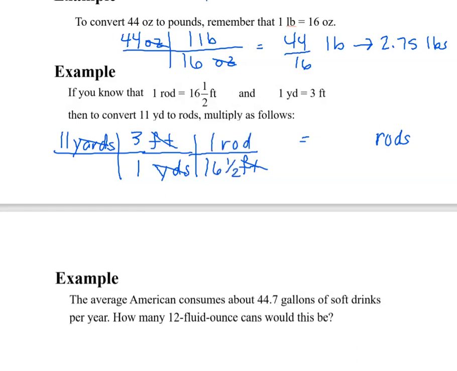Well, now everything is canceled out except for the rod, which is what I need. So to get the answer, I would do 11 times 3 on the top divided by 16.5. Okay, and 11 times 3 divided by 16.5 gets me 2 rods.